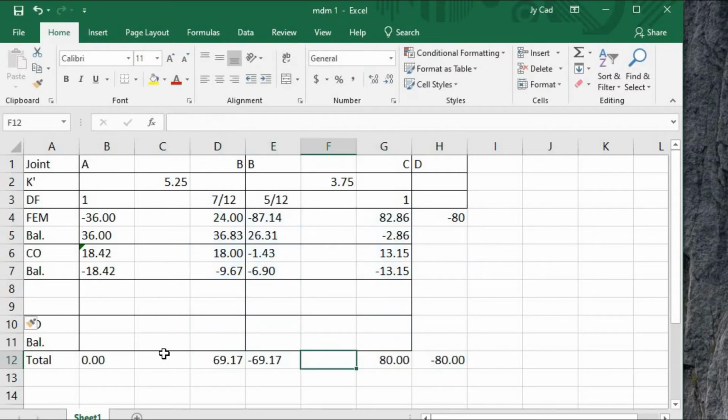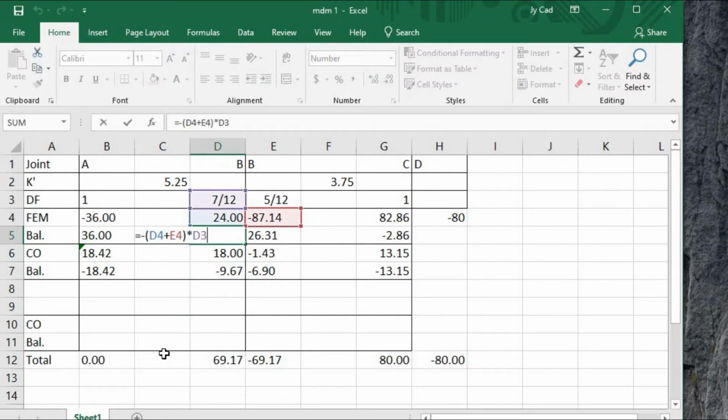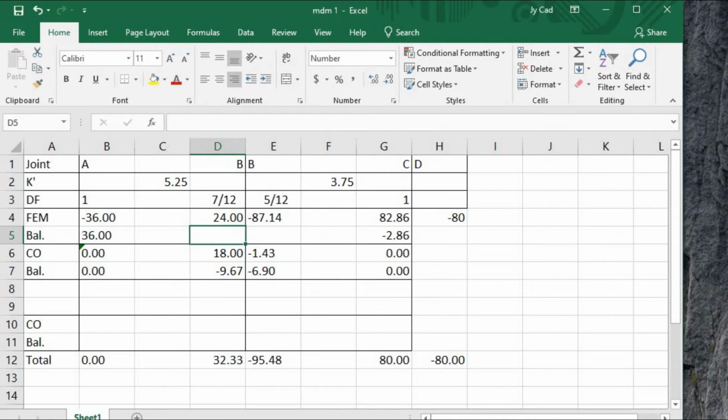Ang gagawin natin ngayon, dito sa second cycle, or dito sa balance, yung D3, eto, no? 7 all over 12, di ba? Ulitin natin. Equal sign, negative, open parenthesis, 24 plus arrow up, and then close, times 7 all over 12.